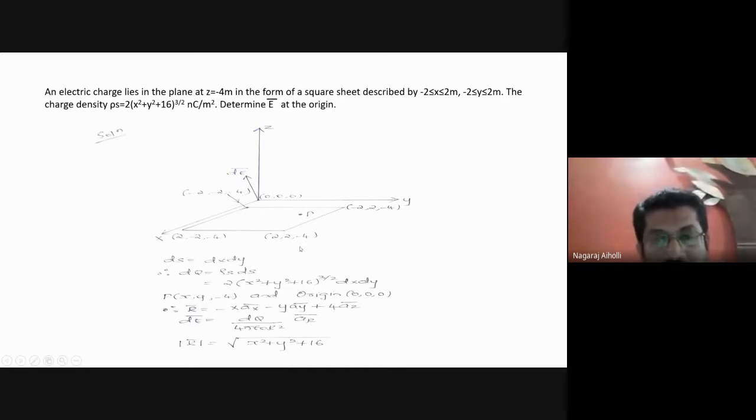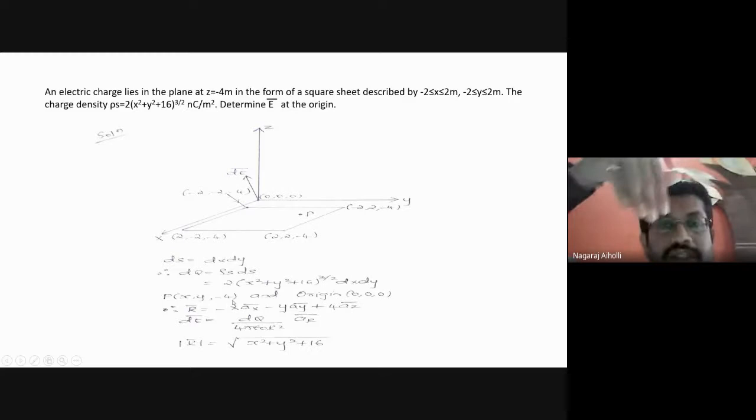I am writing the generalized point as P of x comma y comma -4. Their x and y may vary, but z will remain the same. So z is equal to -4 meters, that is constant.